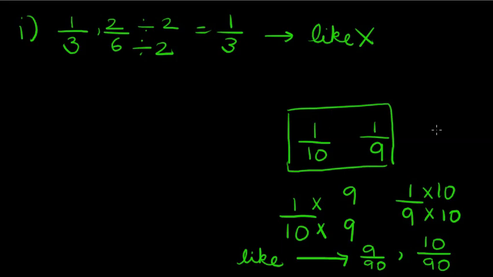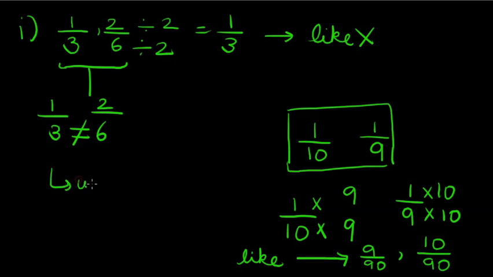You can't manipulate them in any way. So I have to consider these two fractions. I cannot multiply or divide any of them. So 1 upon 3 and 2 upon 6 I have here. So here 3 is not equal to 6. These are the denominators. And so these are unlike fractions. And we are done.